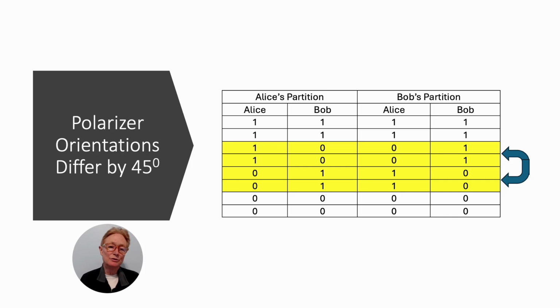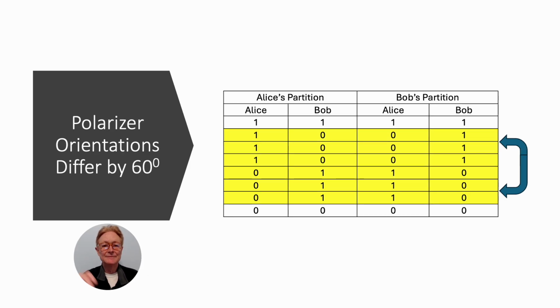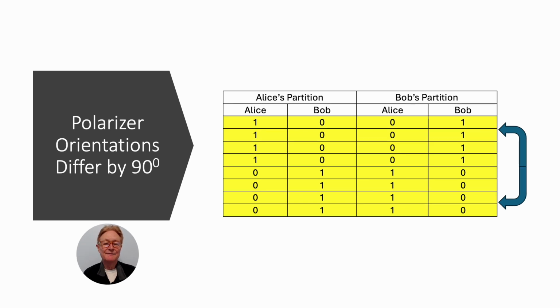Now Bob gets 2 clicks for Alice's 4 clicks, and vice versa. And here's what you get when the polarizer orientations differ by 60 degrees. Now Bob gets 1 click for Alice's 4 clicks, and vice versa. Finally, here's what you get when the polarizer orientations differ by 90 degrees. Now Bob gets 0 clicks for Alice's 4 clicks, and vice versa.